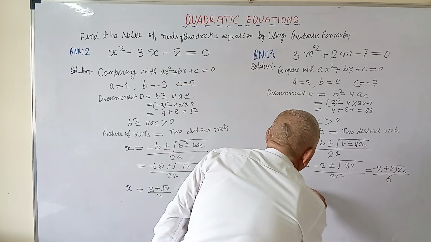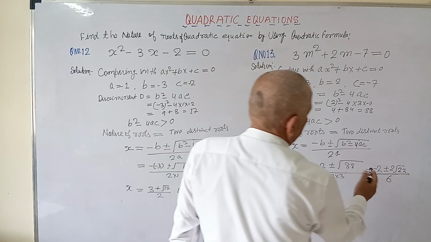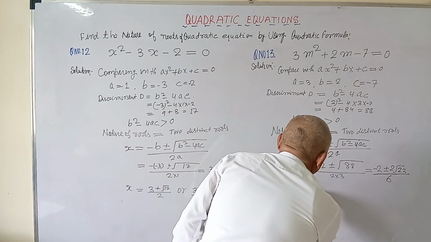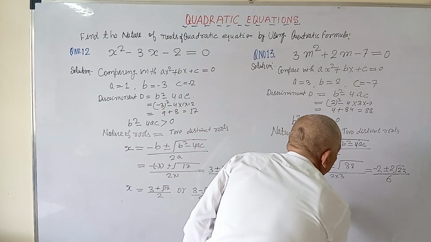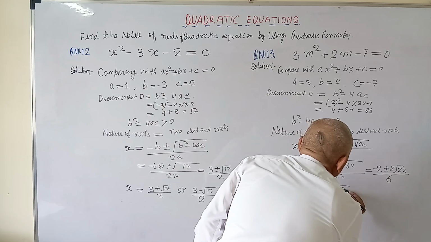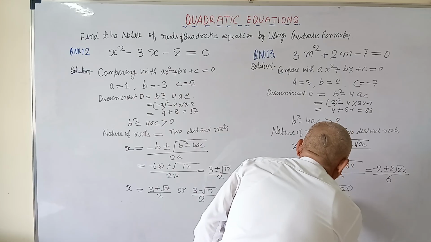Now I will take common. So minus 2 and 2, I will take common 2. I will get minus 1 plus minus under root 22 upon 6.